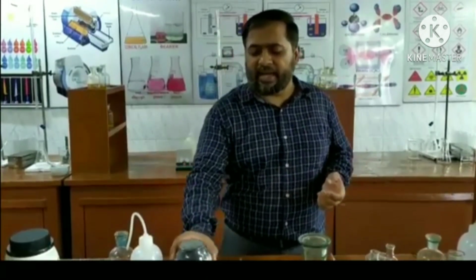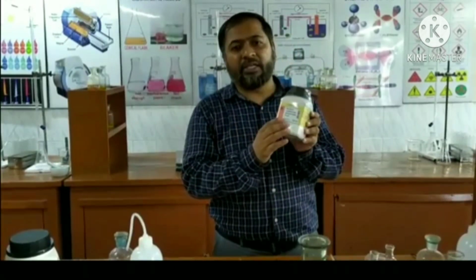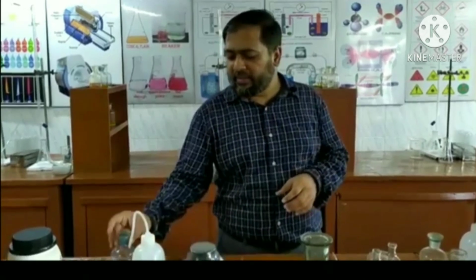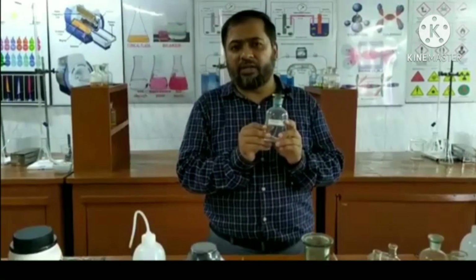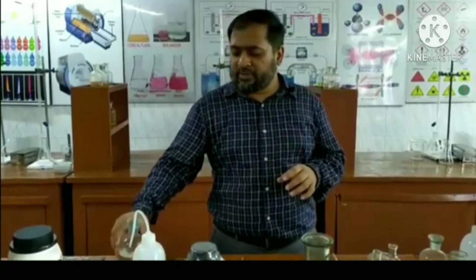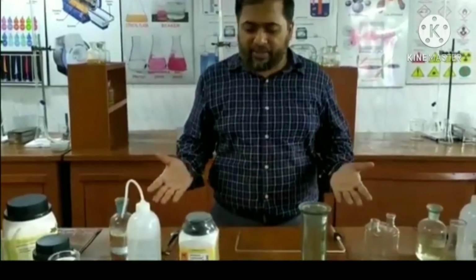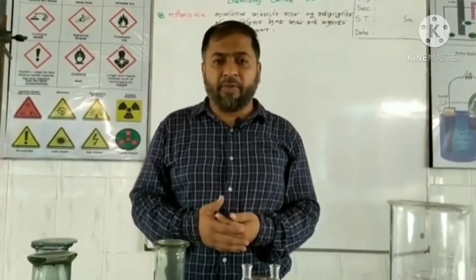Now the chemicals: first one, calcium carbonate, which is in the chemical pot. And next, dilute hydrochloric acid. These are the chemicals which we are going to use. Now you can see all the apparatus assembled in front of me. Now students, you can observe the experiment.